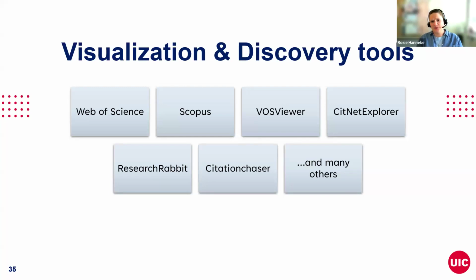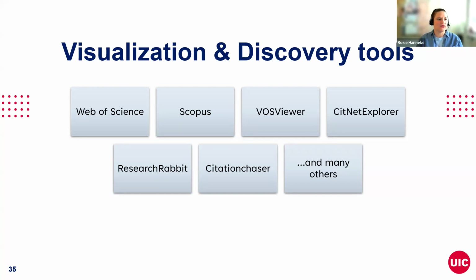Scopus and Web of Science both have visualization components if you want to look into those. There's a few other ones that are free internet tools that you can look into: VOS Viewer, CiteNet Explorer, Research Rabbit, and Citation Chaser.